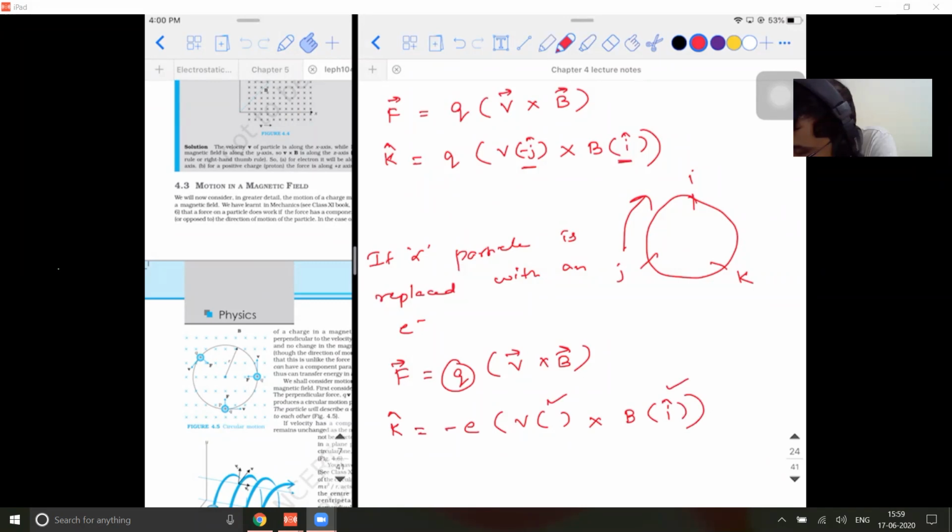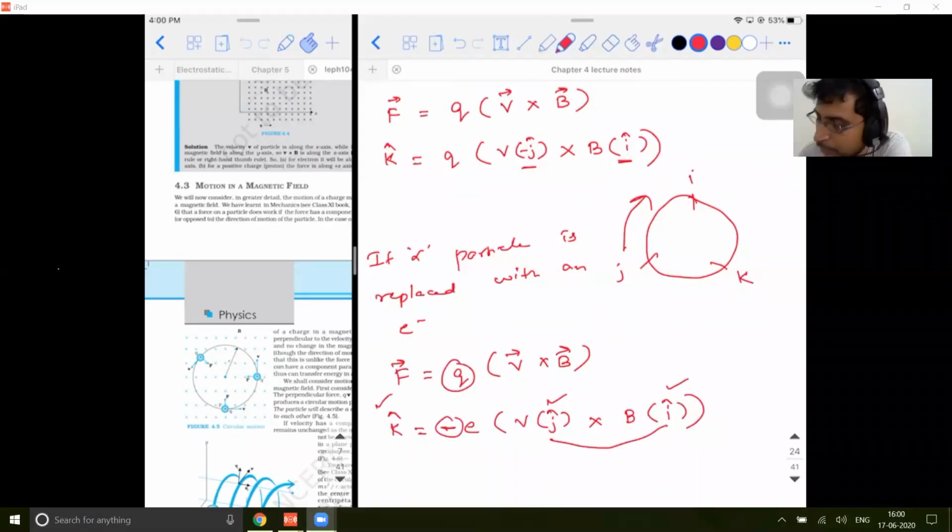But you already have a minus sign, so you're supposed to replace it with plus J. So J cross I will give you minus K cap, minus with the minus will give you plus K cap. So an electron is supposed to be projected in the upward direction for it to travel towards you, whereas a positively charged particle, a proton or alpha particle, should be projected in the downward direction for it to experience a force towards you. So these are the types of questions they can ask you.